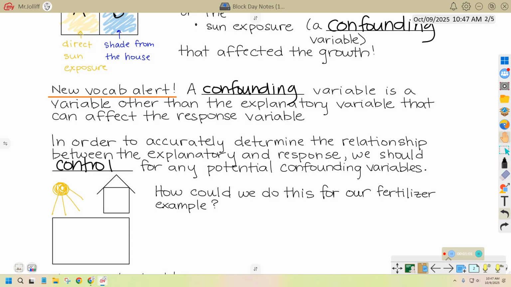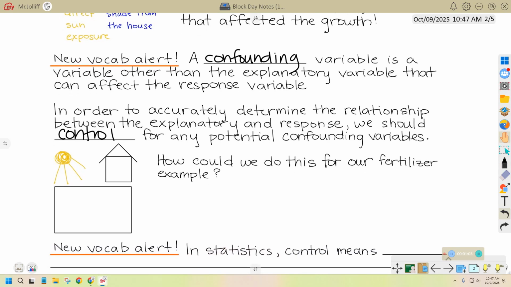And before we get into the formal stuff, we're going to go back to our example of my field, fertilizers A and B. What could I do to my setup that would control for that sun exposure? So take about 90 seconds in your small group and discuss, how could we set up my field so that I can control for the sun exposure versus shade?